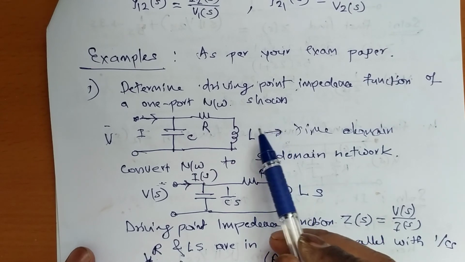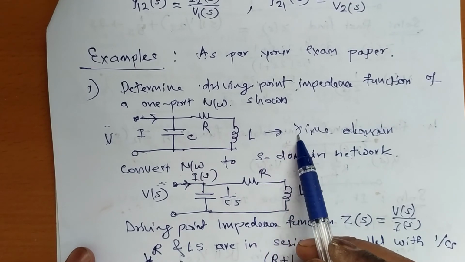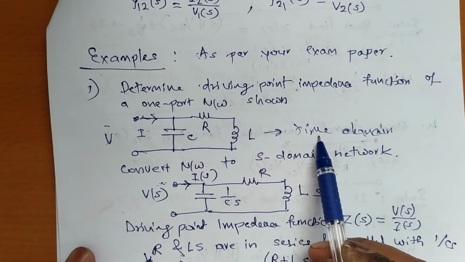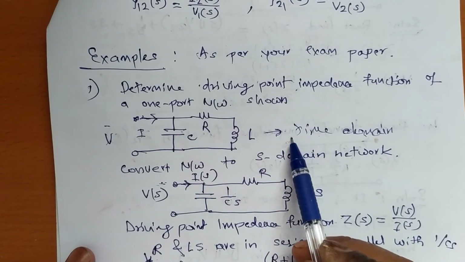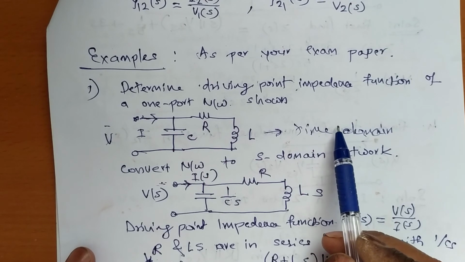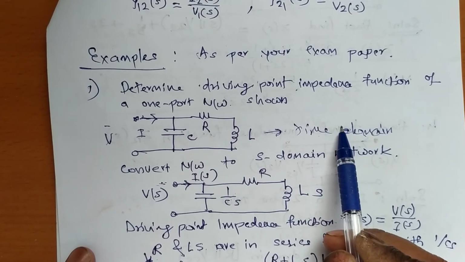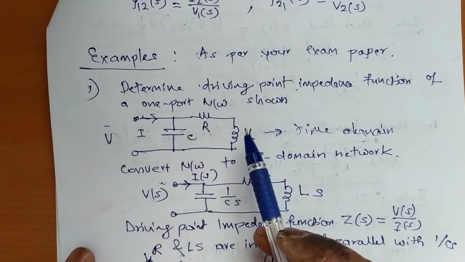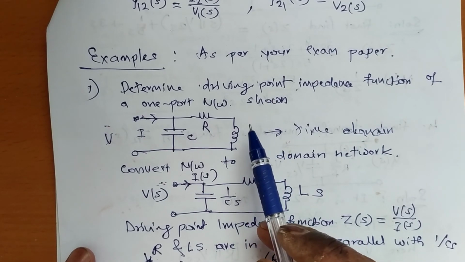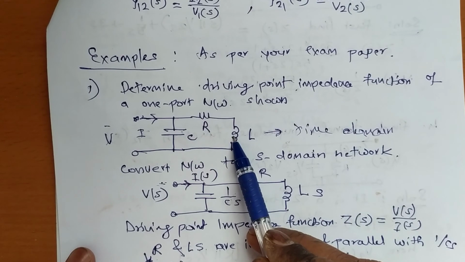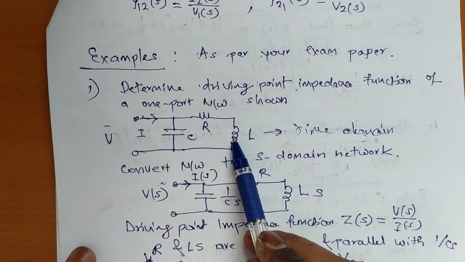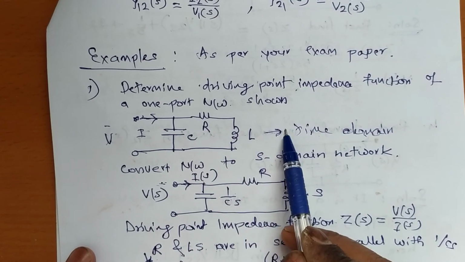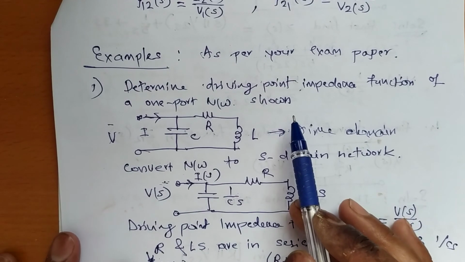Remember that L was replaced by Ls in series with a voltage source, and C was replaced by 1 by Cs in series with a voltage source. Their initial conditions were substituted, but as far as these transfer functions or driving point functions are concerned, the first condition is that initial conditions are neglected, or assumed to be 0. So don't bother about any initial conditions.